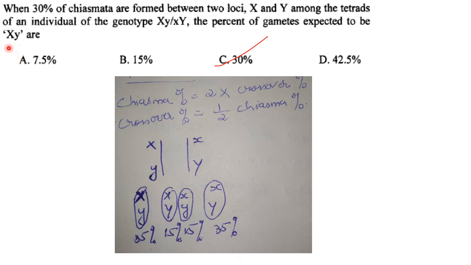They have asked for the percentage of gametes expected to be capital X small y. So the answer will be 35%. But the answer is not seen in any of the options. So the one which is near to 35% is 30%. So I think the answer will be 30% as per me. I am not sure. If you have any problem with my calculation, you can comment on it.